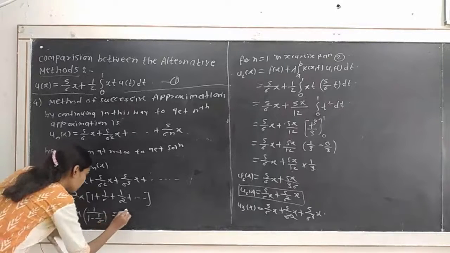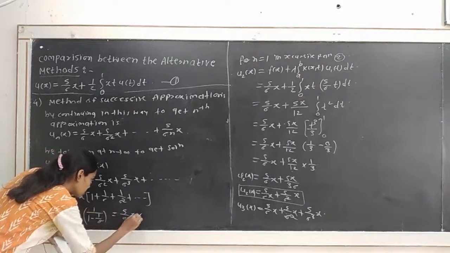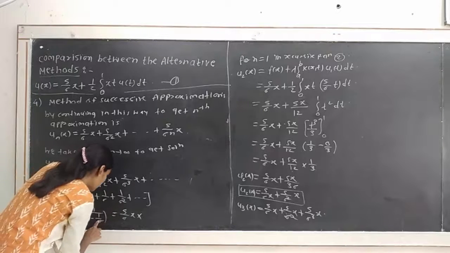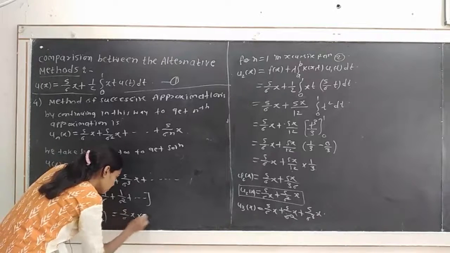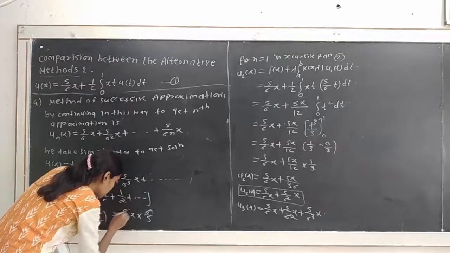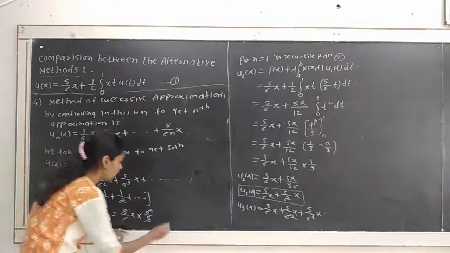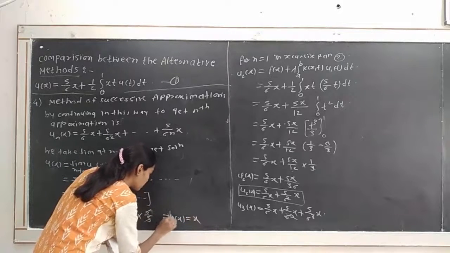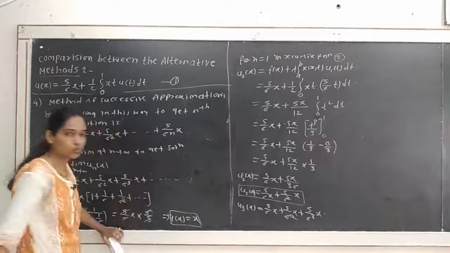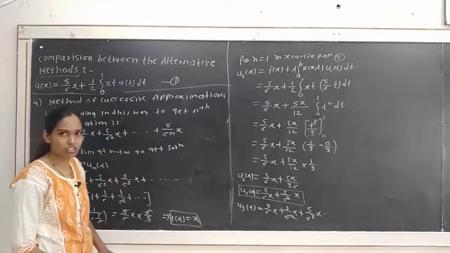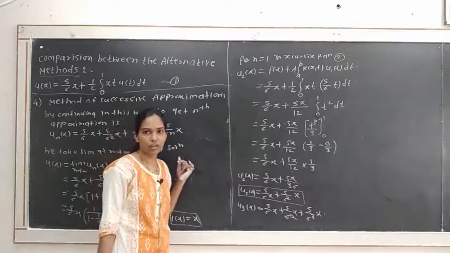Simplifying that, we get 5/6 into x into, by cross multiplication, 6 minus 1 is 5 in the denominator, and this 6 will be shifted to the numerator, so we get 6/5. So 6 gets cancelled, 5 gets cancelled, and again we get u of x is equal to x, which is the exact solution by using the method of successive approximation. So in this way we can calculate.